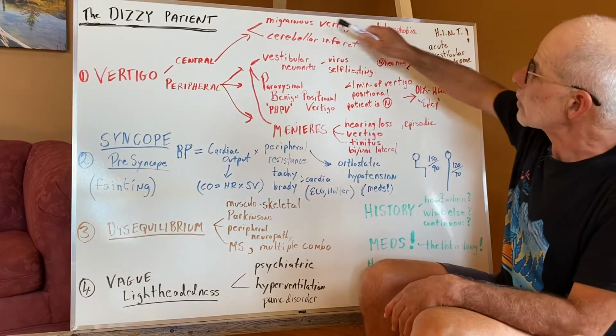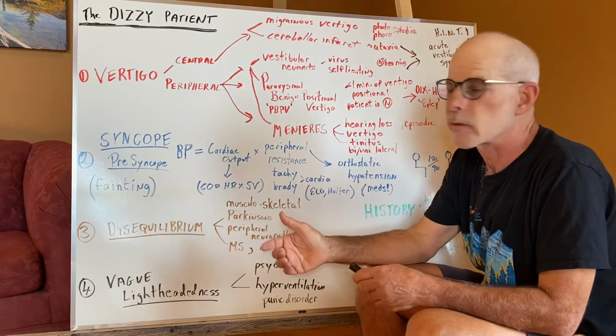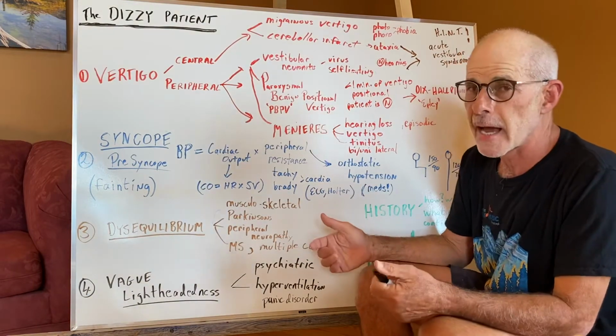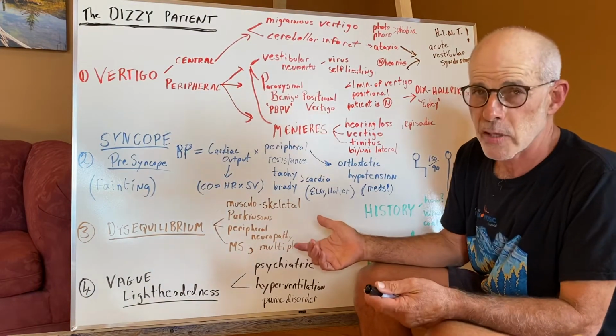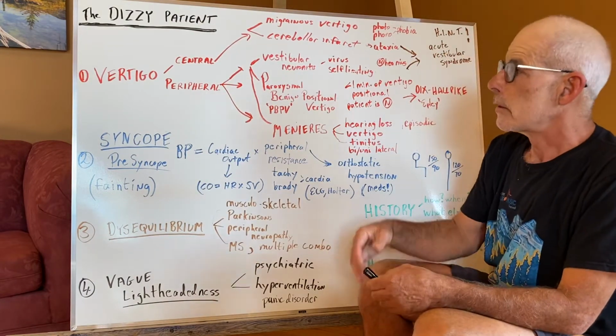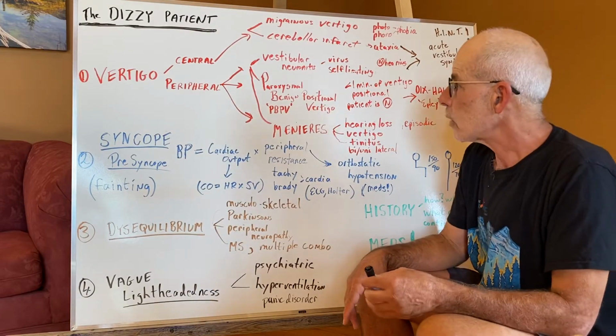So in cerebellar infarct, in part of the history, obviously, you would be trying to elicit from the patient, have they had similar kind of things in the past, TIA kind of things. Hearing loss can be a prominent thing in infarct, and it can come and go. It can be a TIA, if you will.